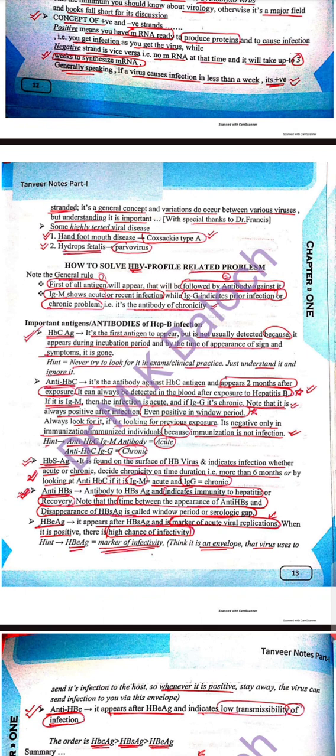If anti-HBC is IgM, then the infection is acute. If IgG, it is chronic. Now, it is always positive after infection, even positive in the window period. So the point is always look for it if you are looking for previous exposure.